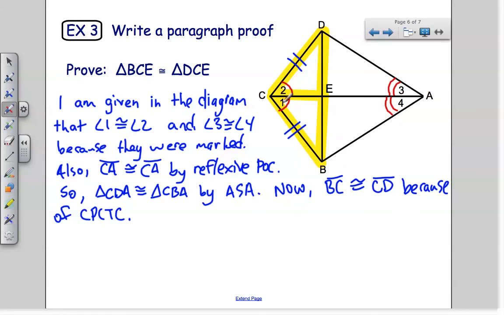So for the yellow triangles, using angles 1 and 2 congruent, those are part of the yellow triangles. Using BC and CD congruent, those are part of the yellow triangles. And one more thing. What else was shared between the yellow triangles that could help prove them congruent? How about that side CE right there? CE is congruent to itself. By what property? Reflexive again.